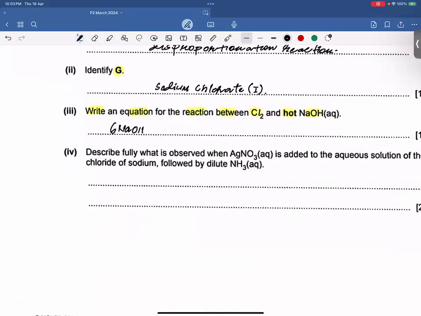This is hot NaOH. It is reacting with chlorine gas, converting into sodium chloride. This time, sodium chlorate(V) is formed, which has a formula of NaClO3, and water is also formed. All right, that's a balanced chemical equation, guys.